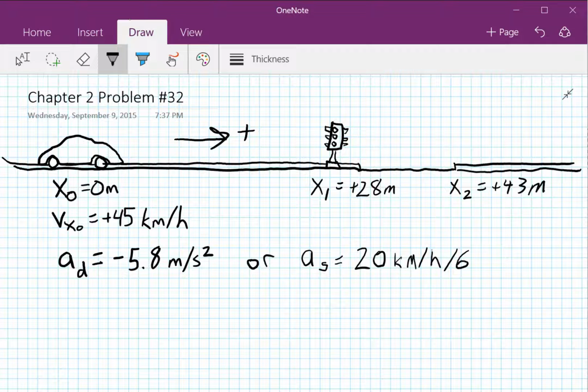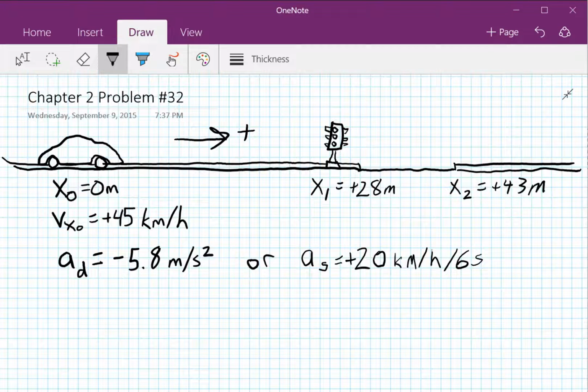Now, in case you're wondering where I got the 20 kilometers per hour, they said that the person can speed up from 45 kilometers per hour to 65 kilometers per hour in 6 seconds. Well, that's a change in velocity of 20 kilometers per hour. So you're already starting from 45, so we know that's the scenario we're looking at. So you're going to go ahead and write 20 kilometers per hour in 6 seconds, and that's positive. That's all you know. Okay, that's actually all you need to know as well.